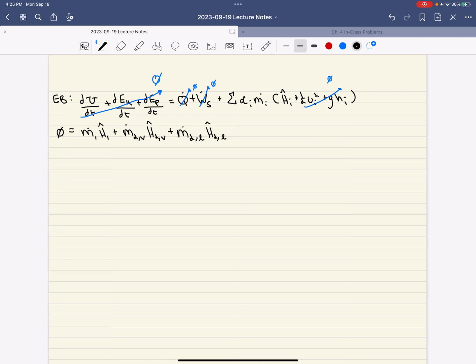For stream 3, we have the vapor component and the liquid component. Okay. I'm then going to rewrite these in terms of the steam qualities, or the mass qualities, I mean.